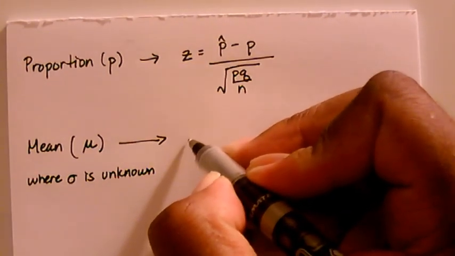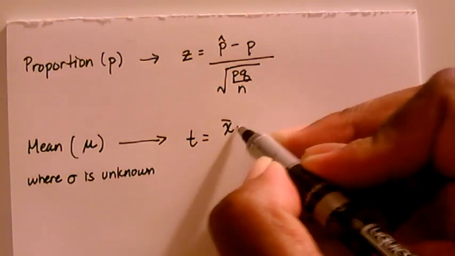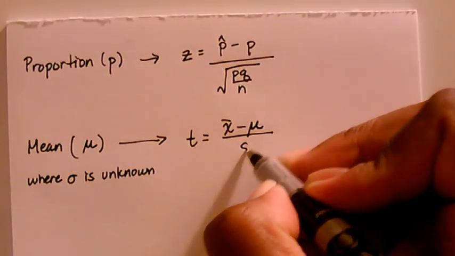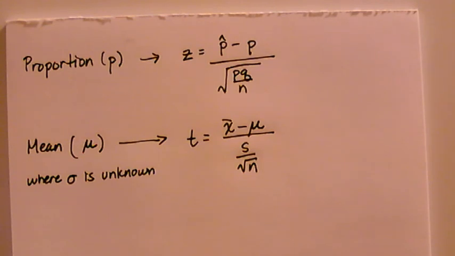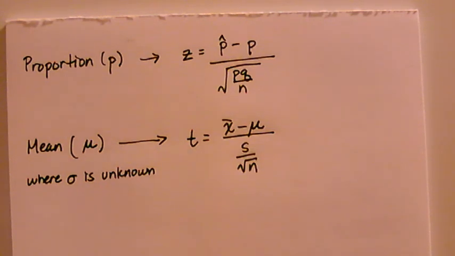And in this case, it's going to be t is equal to x bar minus mu divided by s over the square root of n. Okay, we're only going to be using that one and not the other one because it's rare that we want to find a calculated test statistic where the standard deviation for the population is already known.